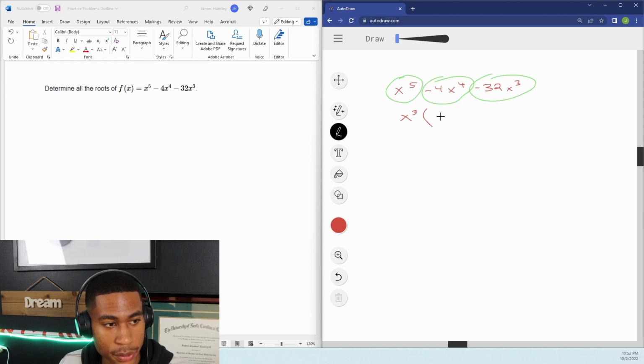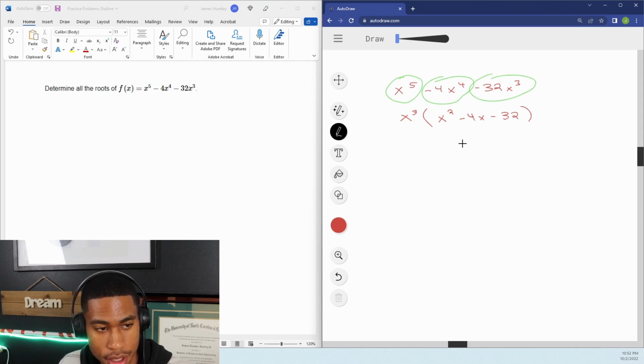All right, so what does that leave me with? Well, it leaves me with x squared, and we're not changing this function at all, minus 4x, and minus 32. That looks pretty good, but can we break this down any more? I think we can.